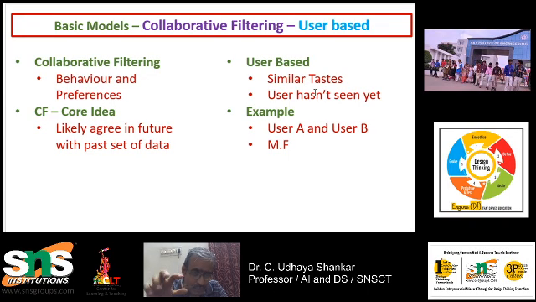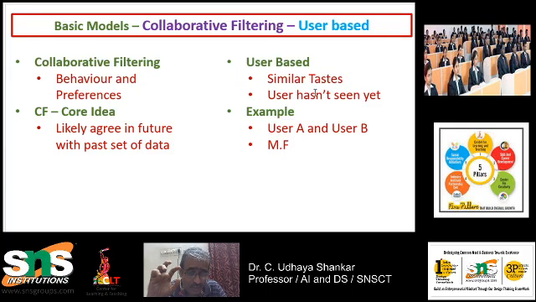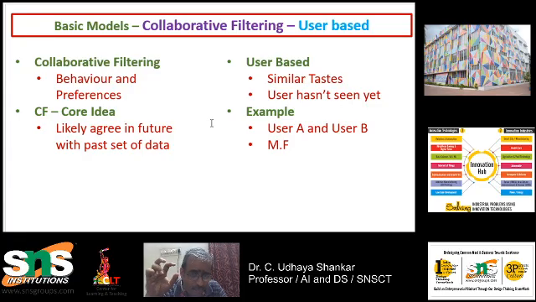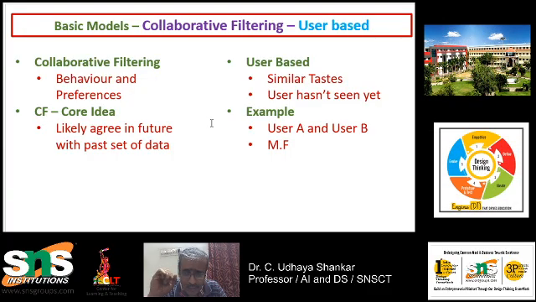Again, in this we will be using a technique called matrix factorization. What do you mean by matrix factorization? I have given it as MF. Matrix factorization is a technique. It always decomposes the user item interaction matrix.